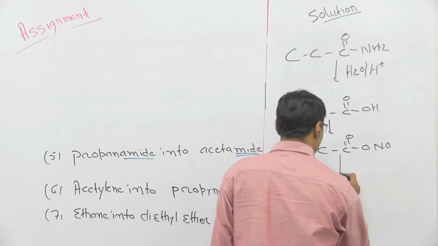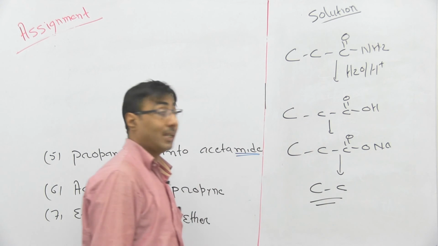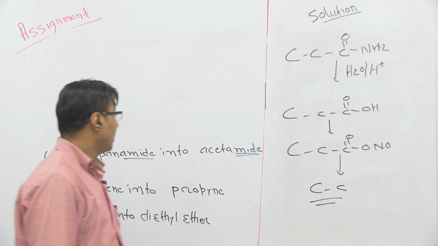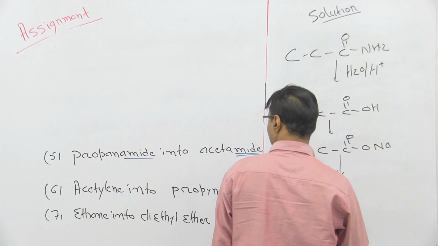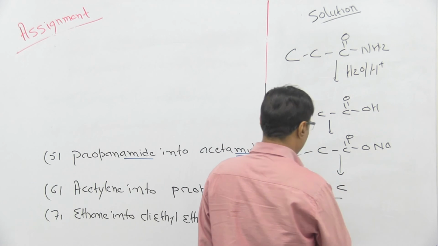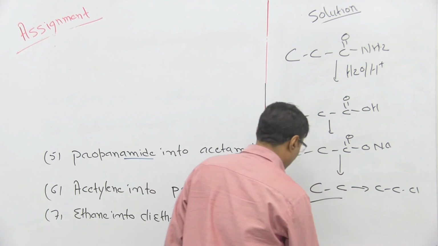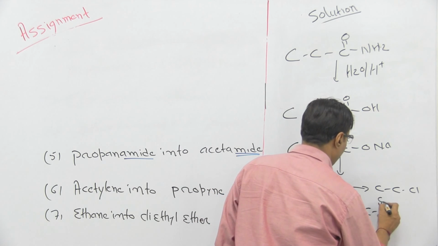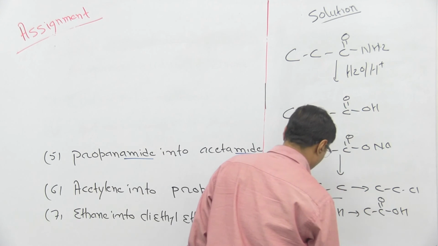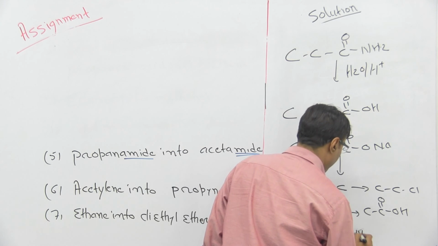This will undergo decarboxylation reaction to give C single bond C. Now from C single bond C, we will go to C single bond CCl, then C single bond COH, then C single bond COOH, and finally C single bond C double bond O NH2.